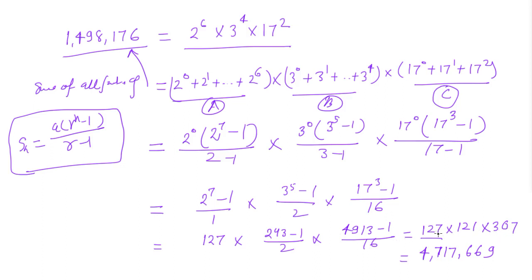Now our task will be finding the product of these numbers, and this will be a very huge number, that is 4,717,669. Wow. So finally we get the sum of all factors of this big number. Okay, this was our target.